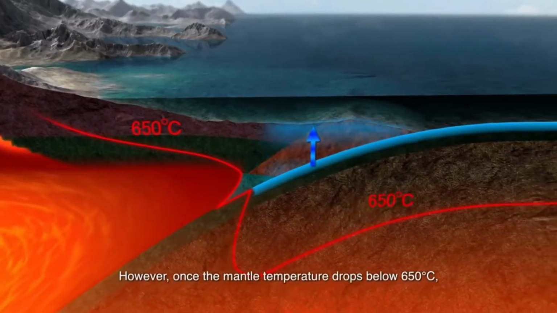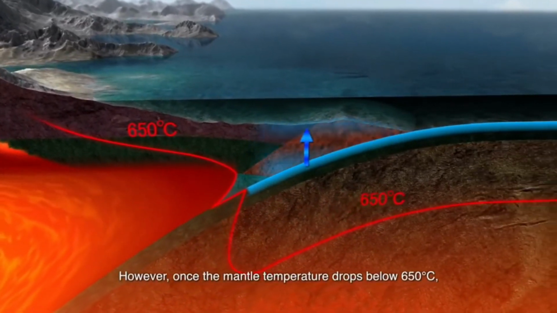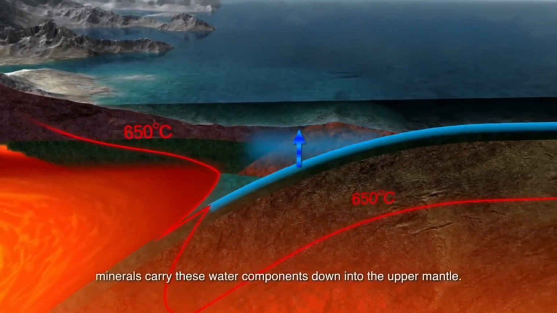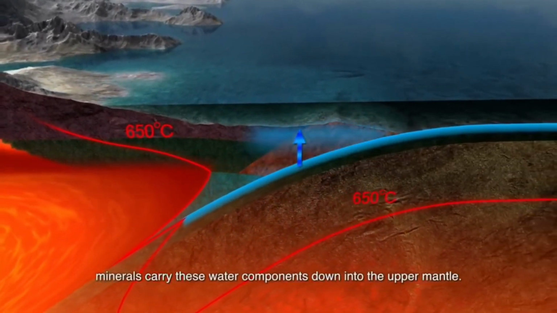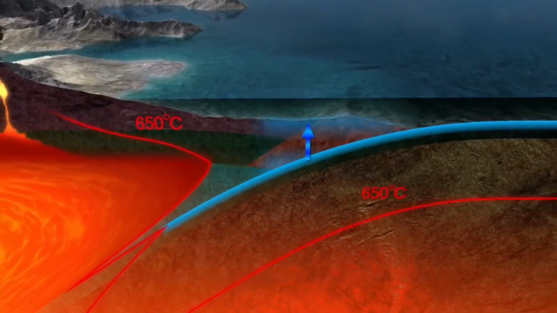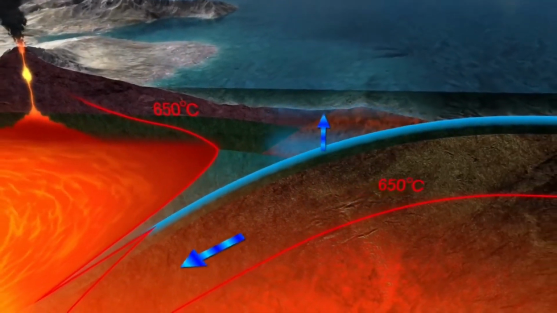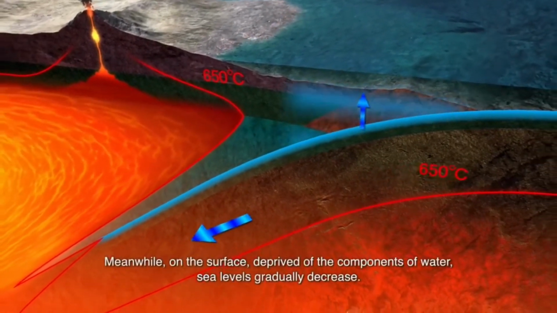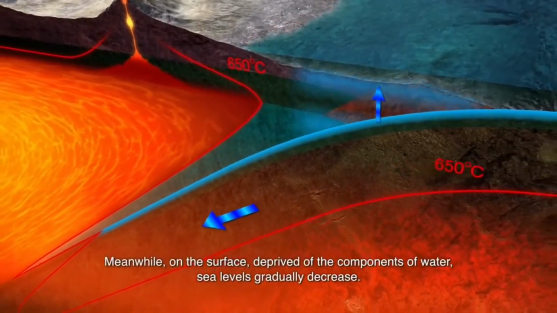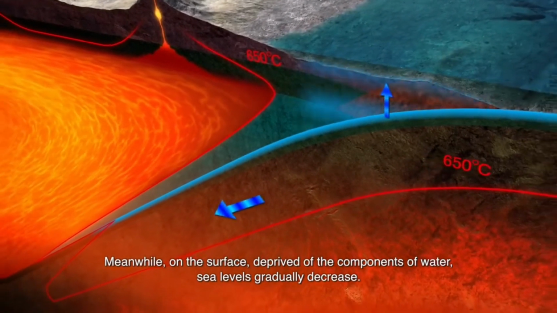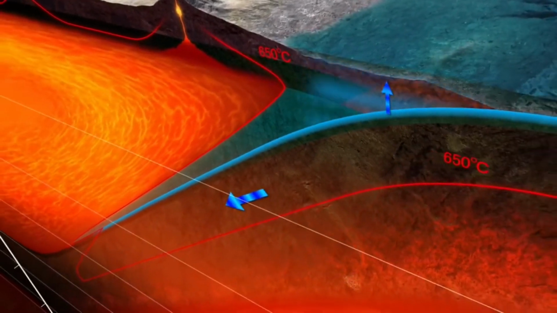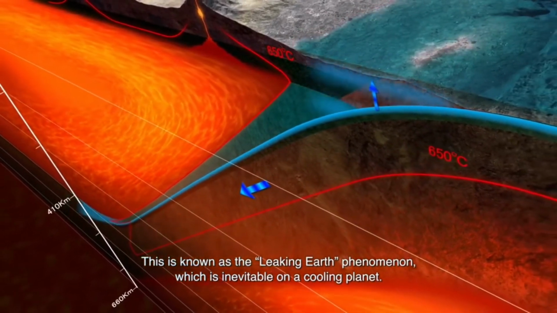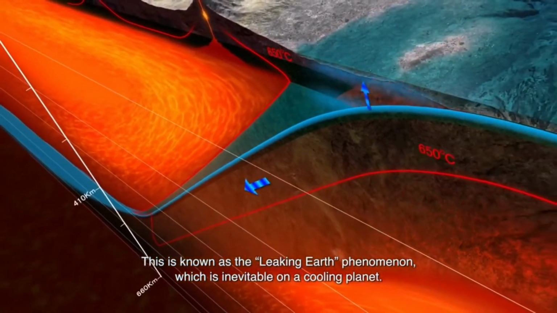However, once the mantle temperature drops below 650 degrees Celsius, minerals carry these water components down into the upper mantle. Meanwhile, on the surface, deprived of the components of water, sea levels gradually decrease. This is known as the leaking Earth phenomenon, which is inevitable on a cooling planet.